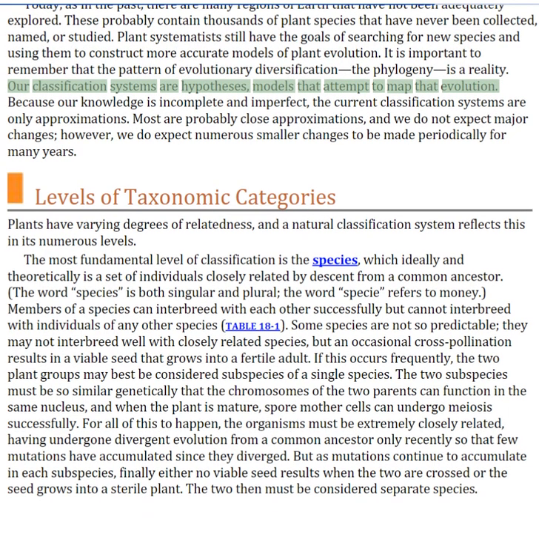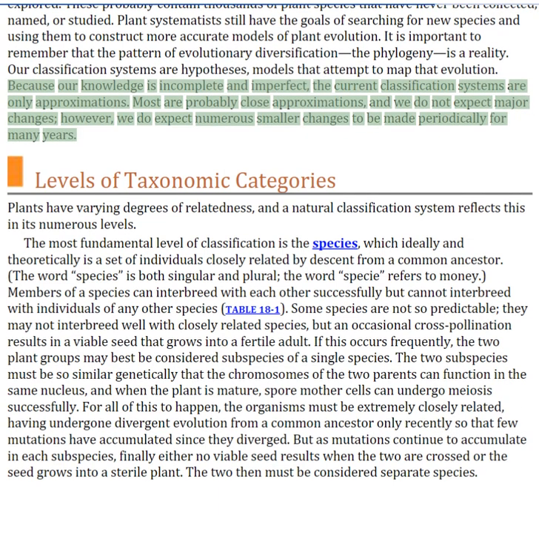Our classification systems are hypotheses, models that attempt to map that evolution. Because our knowledge is incomplete and imperfect, the current classification systems are only approximations. Most are probably close approximations, and we do not expect major changes. However, we do expect numerous smaller changes to be made periodically for many years.